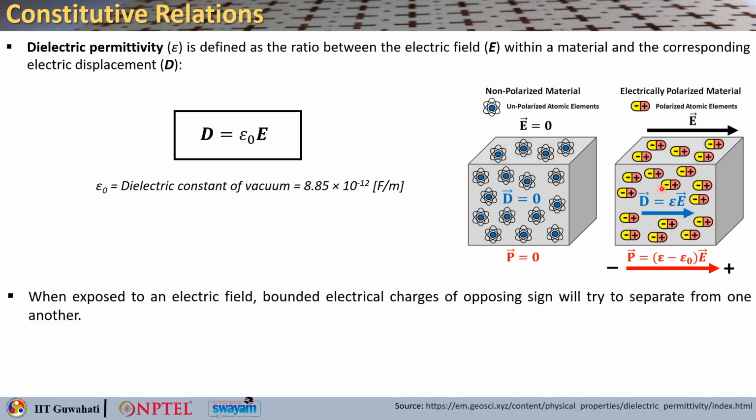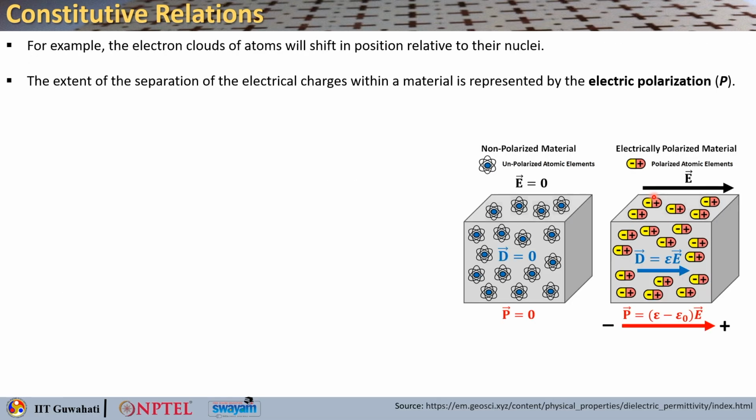You will see that the bound electrical charges of opposite sign try to separate from one another. For example, the electron cloud of the atoms will try to move away in the direction of the electric field, or you can say that the electron clouds of the atoms will shift their position relative to their nuclei.